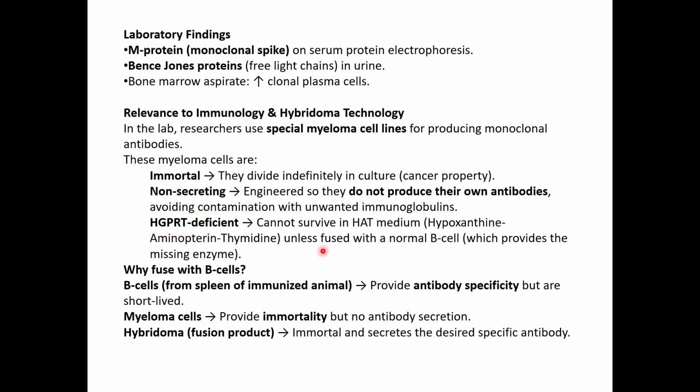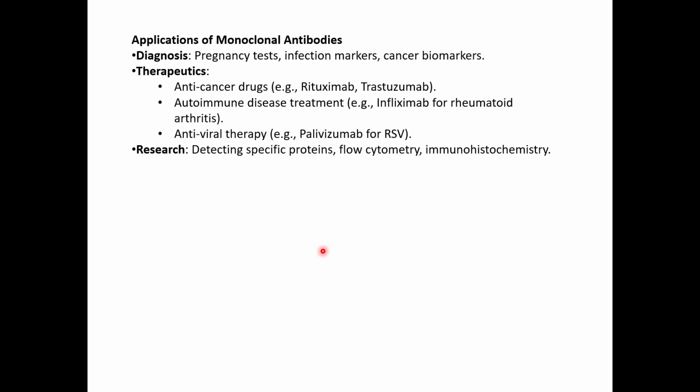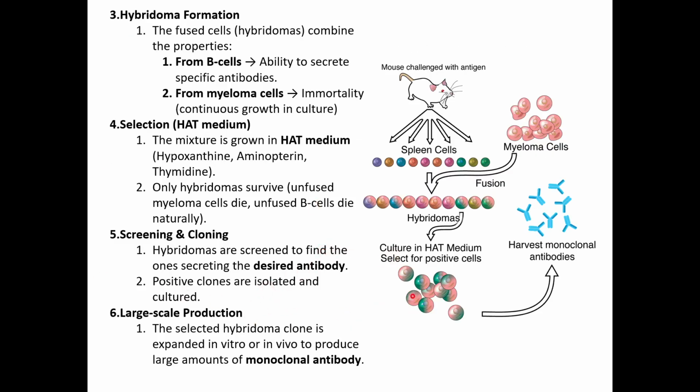So remember we had the HAT medium for selection. In this, I said that there will be unfused spleen cells, unfused myeloma cells, and fused hybridoma cells. Only hybridoma cells survive in the HAT medium, but not unfused spleen cells or myeloma cells. The unfused spleen cells will die eventually on their own because they are short-lived.